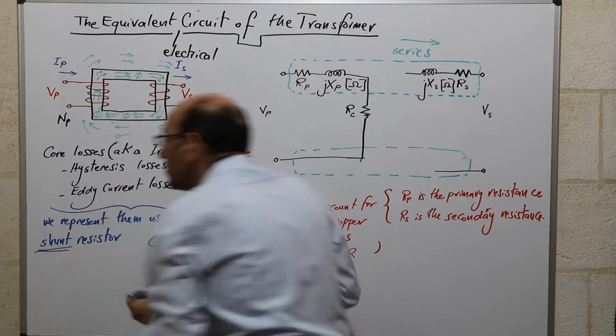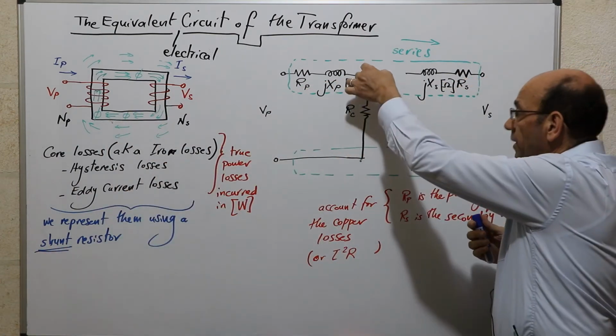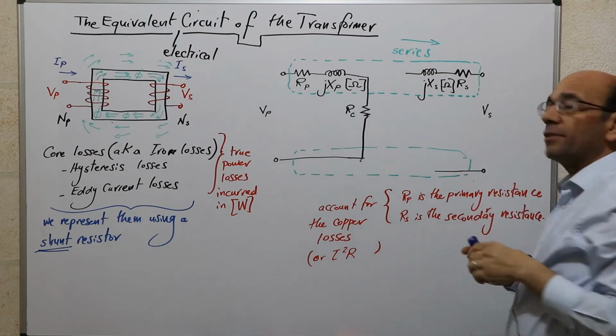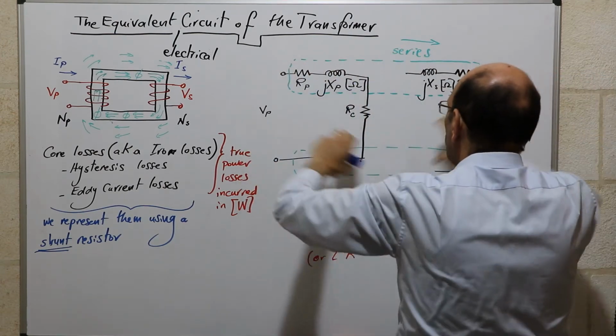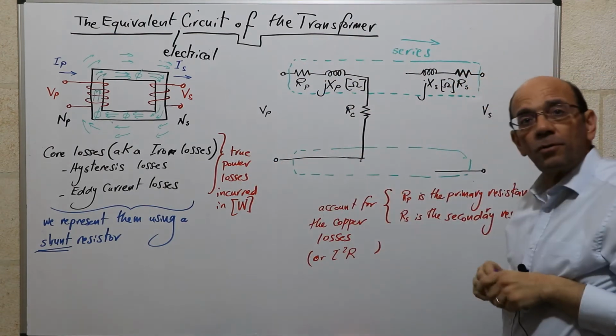And the word shunt means that that resistor actually is in parallel rather than series. So here we had series components, now we have parallel components.